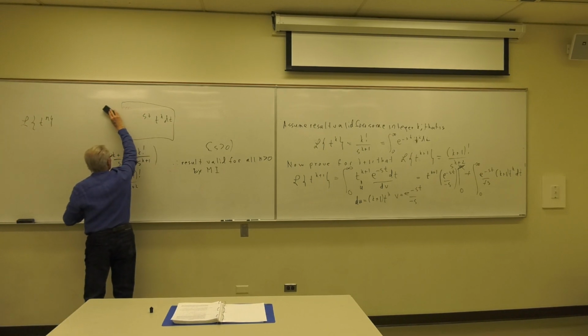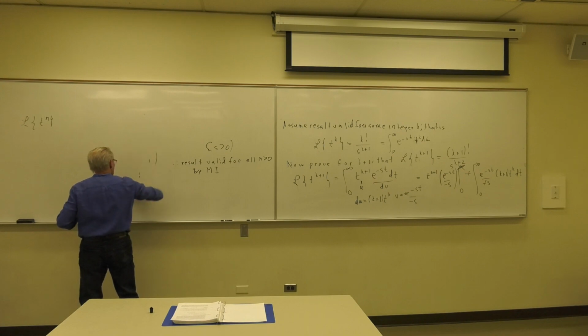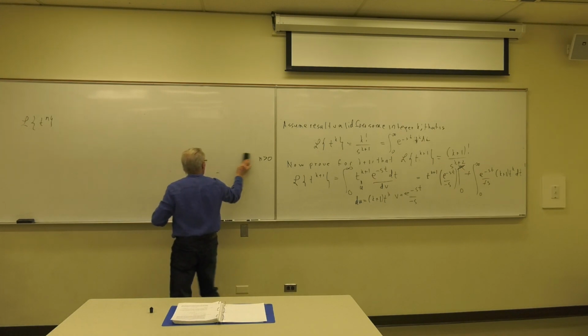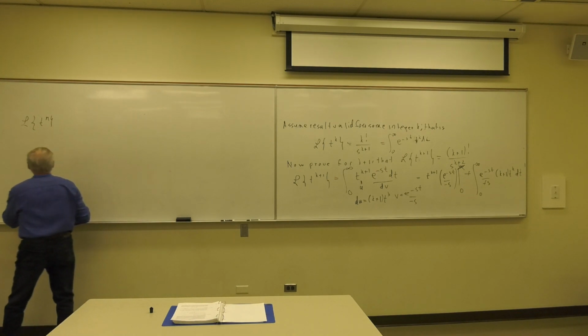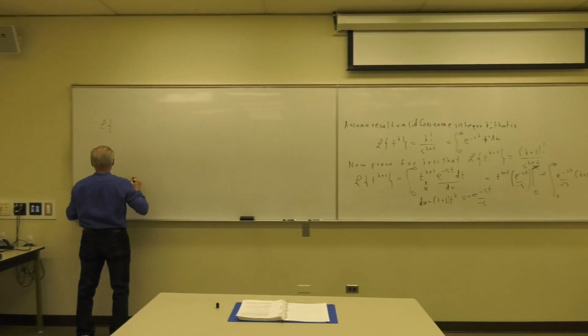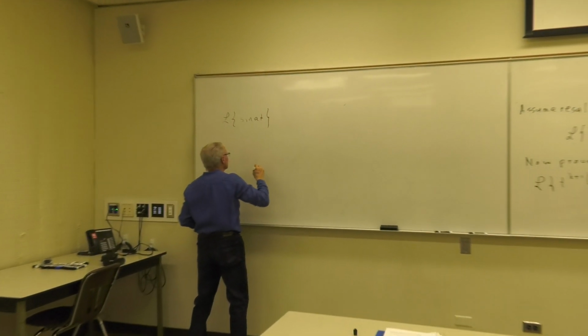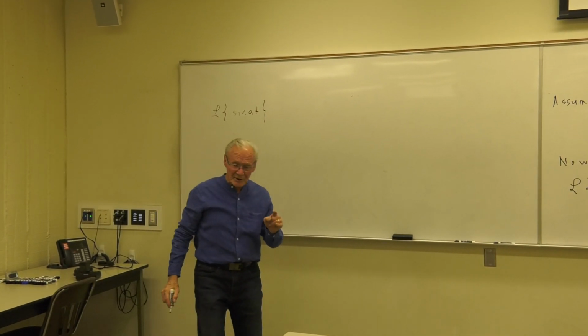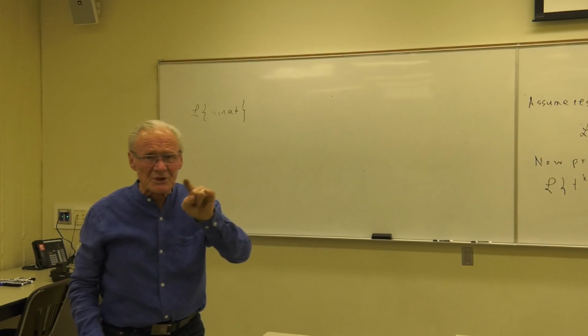What I now like to do is calculate one more, and in the process, try to convince you of something. I want to calculate the Laplace transform of the sine of at. Now remember I said in the last video that the functions we saw in chapter 15 were powers of t.